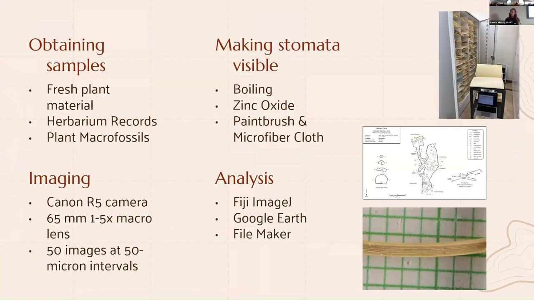And for my methodology, as I've stated previously, we use herbarium records, and we use those plant macrofossils from Ladder Cave. And we went through quite a process of trying to find a good way to image them. But we found that using a cut down paintbrush to scrape that epicuticular wax and a microfiber cloth just to wipe it away leaves us with a good image of the stomata. We've tried boiling and zinc oxide, but it didn't work.